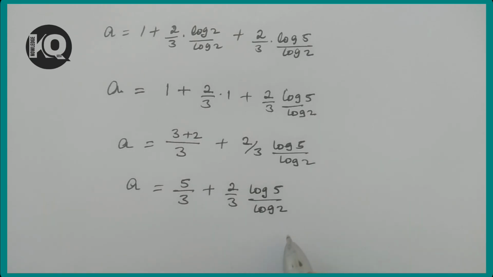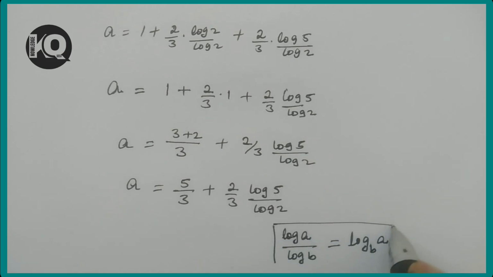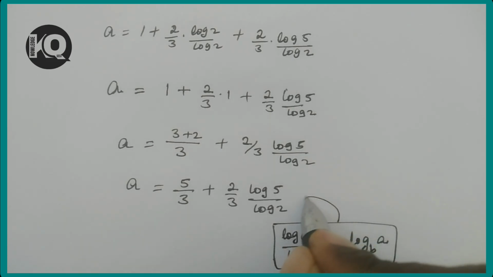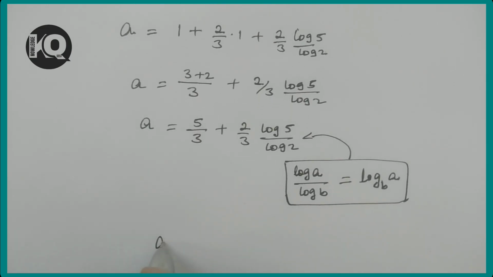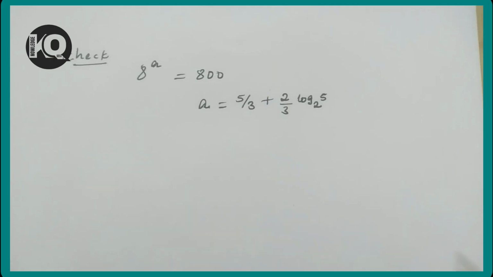And we know that log of a divided by log of b is equal to log of a to the base b. Applying this, a is equal to 5 over 3 plus 2 over 3 times log of 5 to the base 2. This is the value of a.